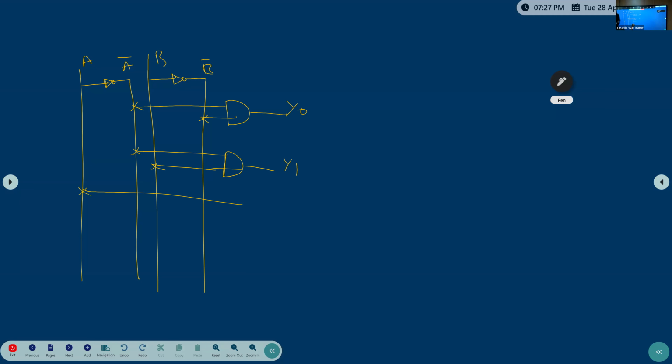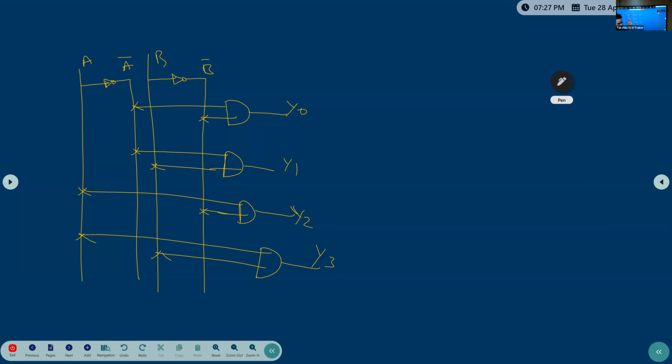A B bar, this is Y2. A B, this is Y3. This is the circuit. Clear? Any questions? Any doubts?